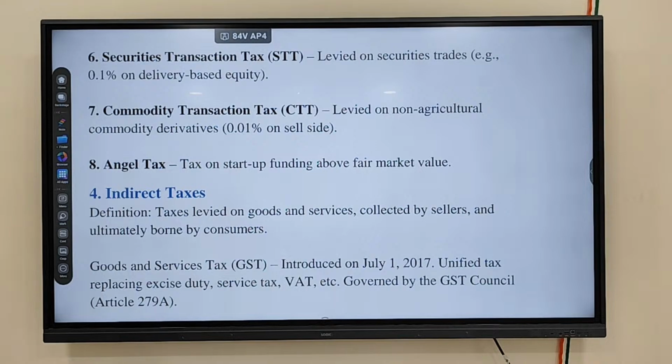See, till 2015 this wealth tax was there. In 2015, they abolished it.